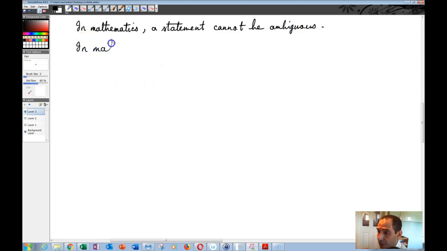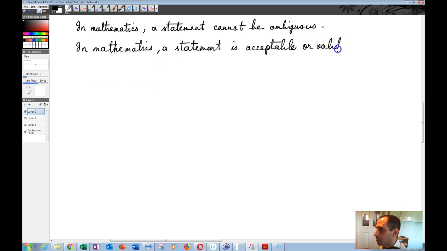In mathematics, a statement is acceptable or valid only if it is either true or false.